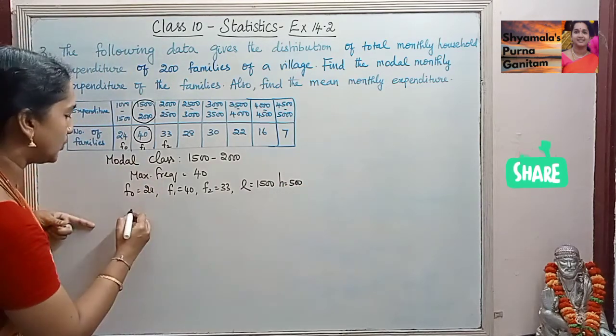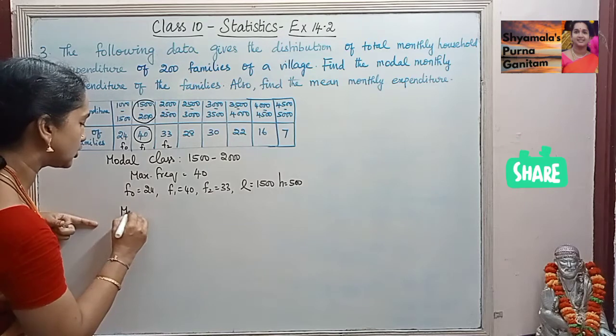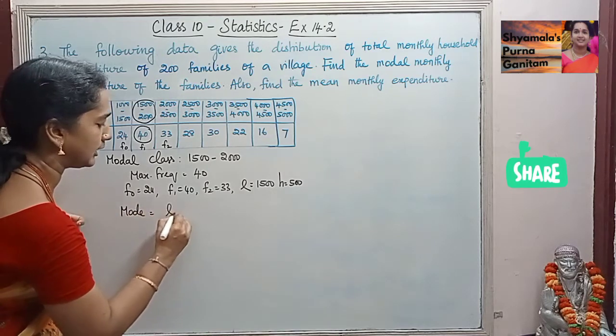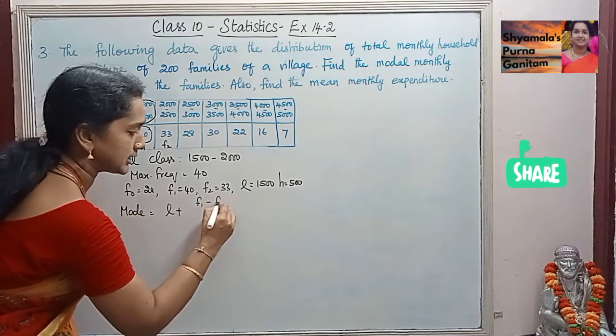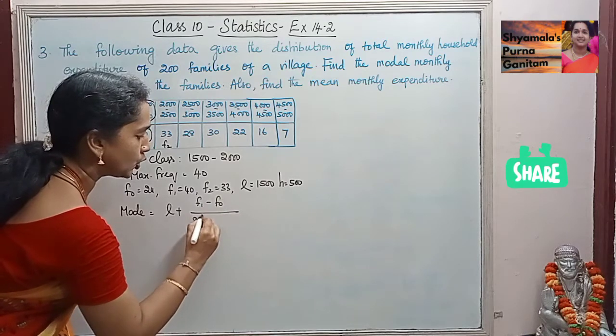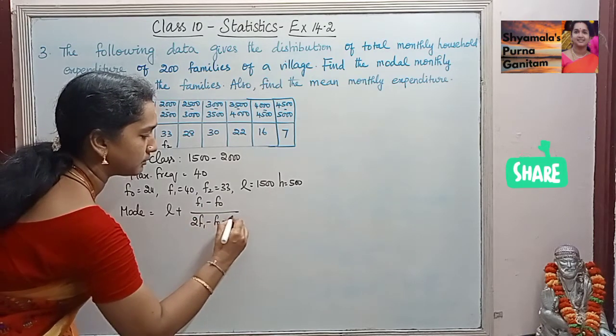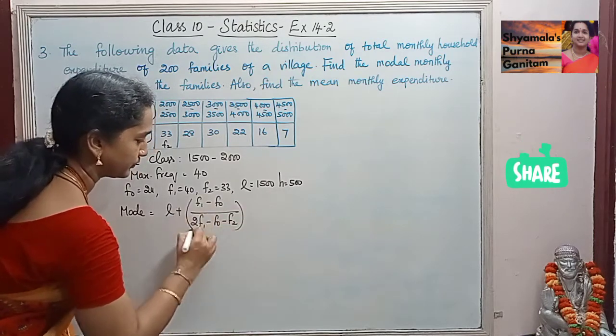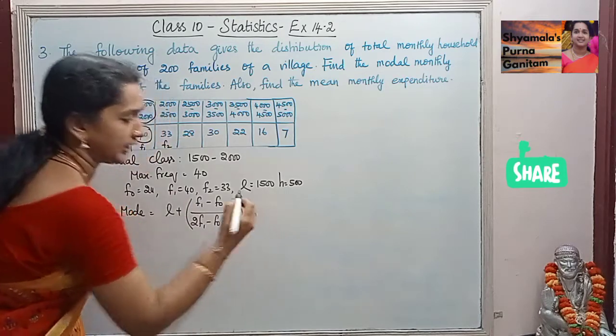Now we'll substitute in the formula. Mode is equal to L plus (f1 minus f0) divided by (2f1 minus f0 minus f2), into h.